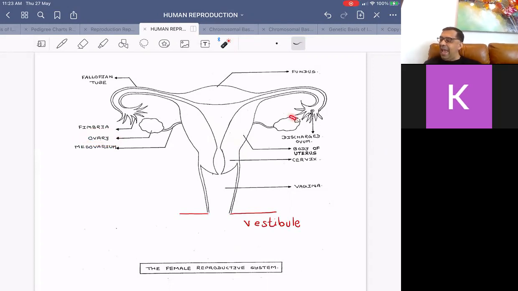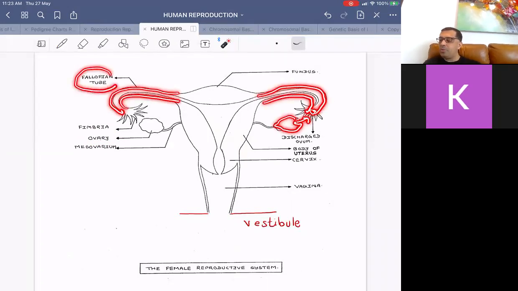This egg, released from the ovary, goes into two tubes called the fallopian tubes, also called oviducts.